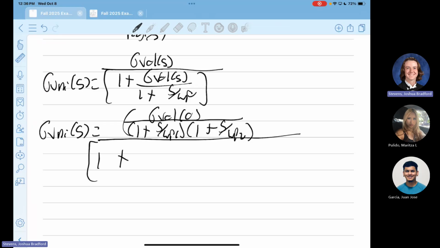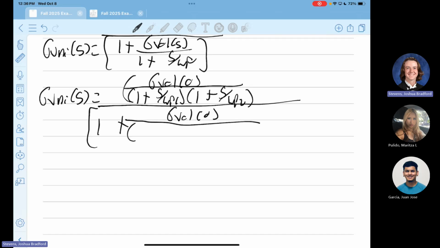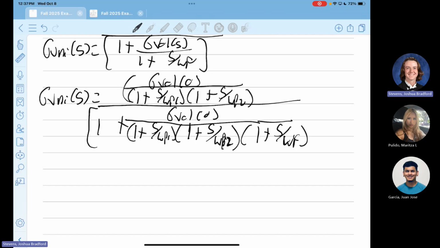Denominator gets annoying. 1 plus G vol of 0, I'm going to do this, and then if it doesn't make sense, I'll talk about it. 1 plus S over omega P1 times 1 plus S over omega P2 times 1 plus S over omega F. That's it. We're not done with the equation. I'm just saying that's that.